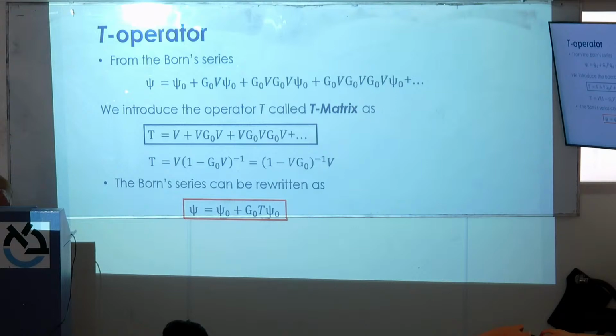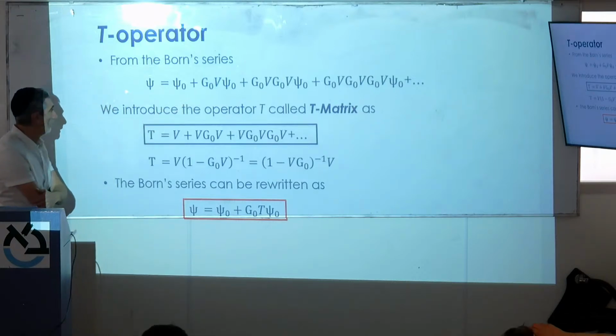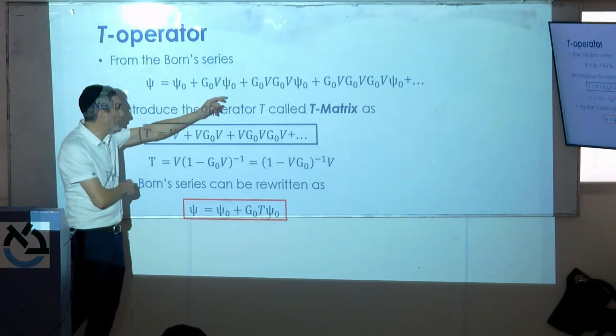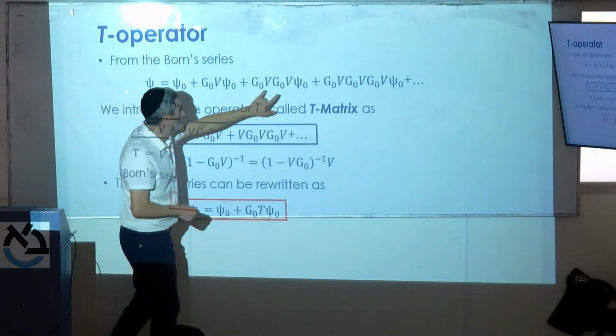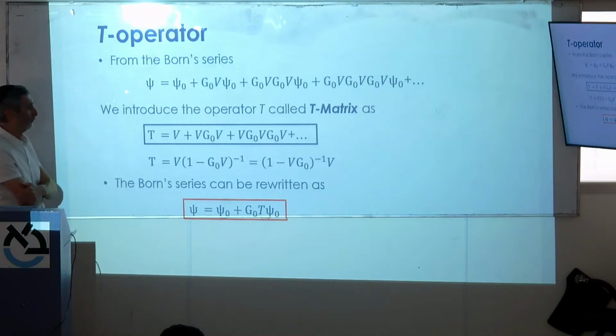Yeah, you apply psi 0 first, then you apply G0 on the other side. And T is V, then V G0 V, then V G0 V G0 V, so you have all the terms here. So psi is psi 0 plus G0 T psi 0.